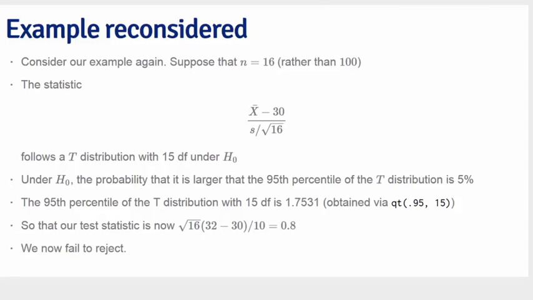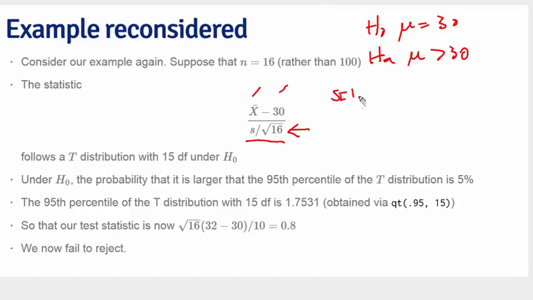Then our test statistic remains the same. It's the sample mean minus the hypothesized mean, where remember we're testing H naught: mu equal to 30 versus HA: mu greater than 30. And then divided by the standard error of the mean, where we have square root 16 rather than square root 100, and recall S was 10. This test statistic, how many estimated standard errors from the hypothesized mean the sample mean is, follows a t-distribution with 15 degrees of freedom in this specific case.